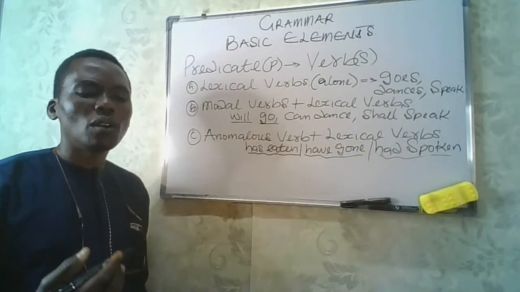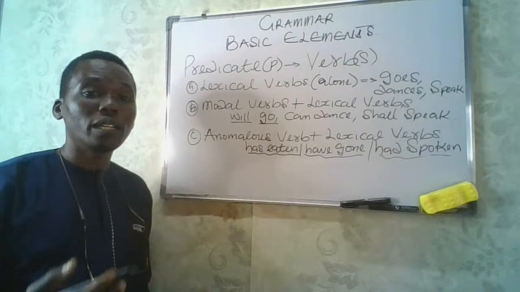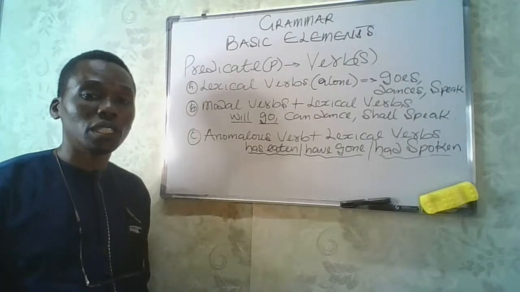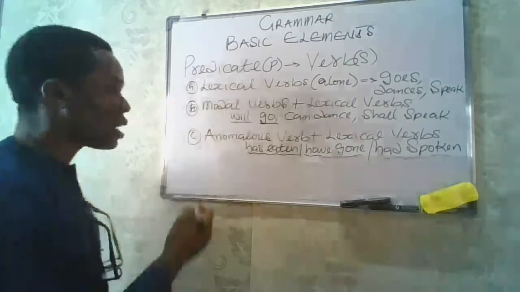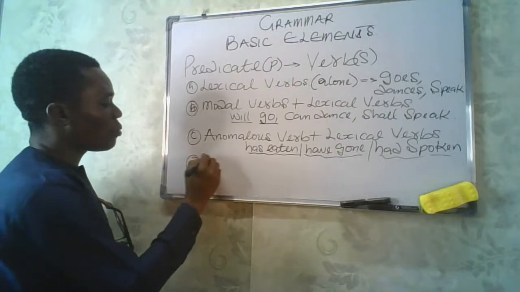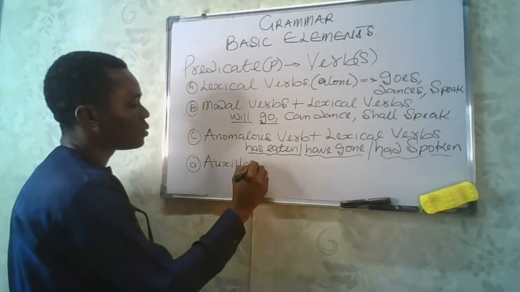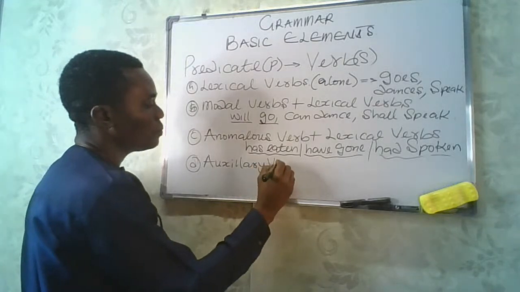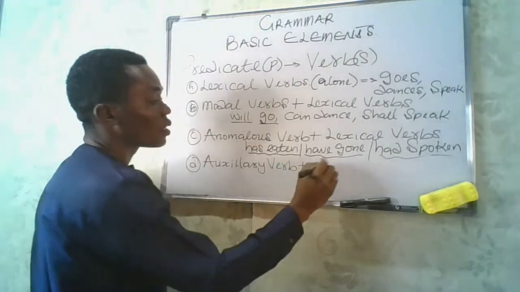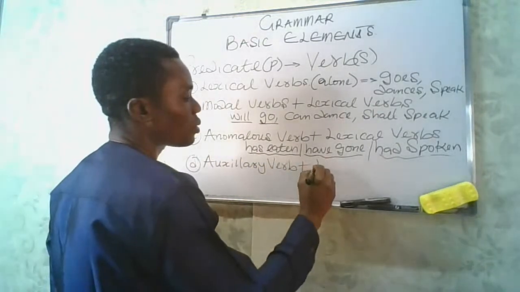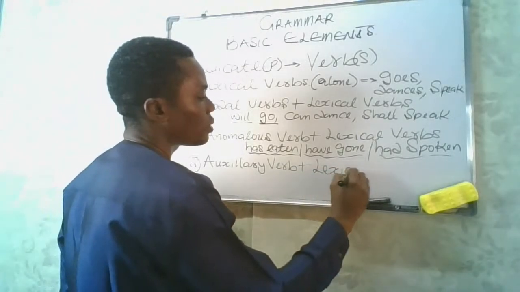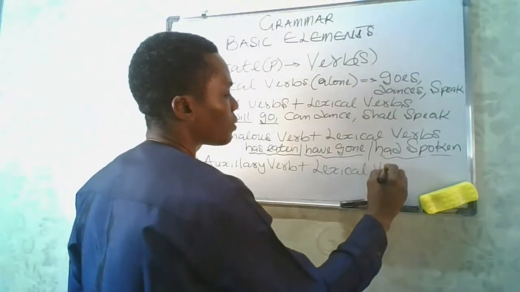Now, when we talk about verbs also, we can also combine two kinds of verb to form the predicates. And such verbs can be what? We can combine auxiliary verbs plus the lexical verbs.